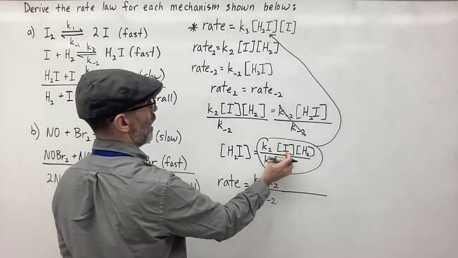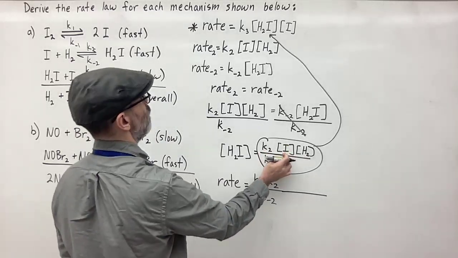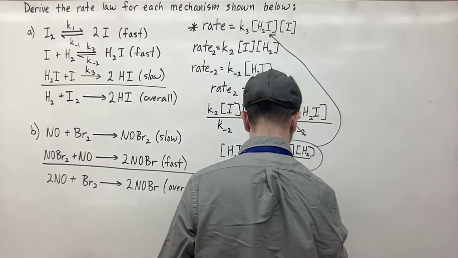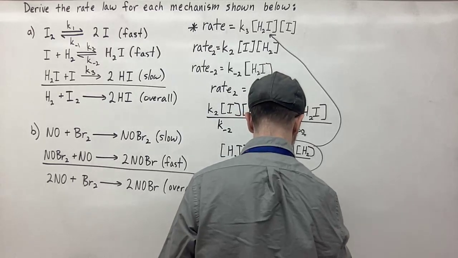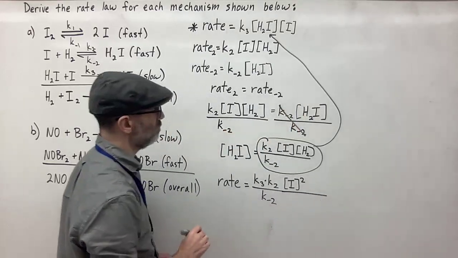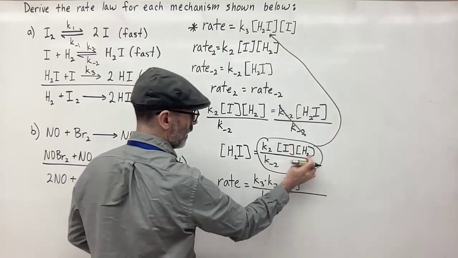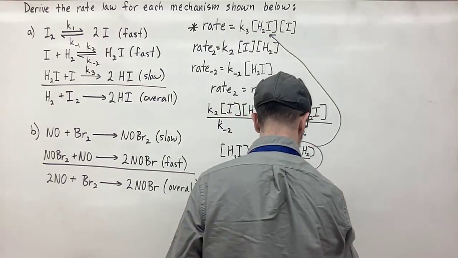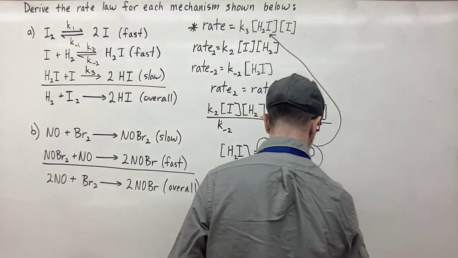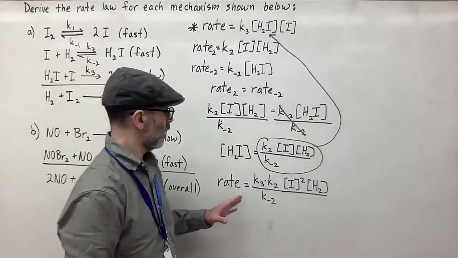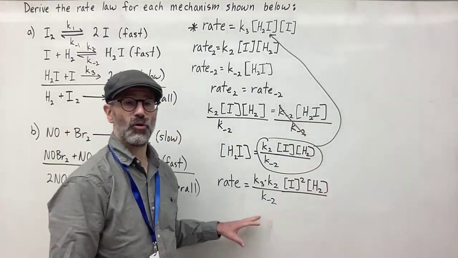And then we have the concentration of I times the concentration of I, so that's going to be the concentration of I squared. And then we've got what's left: I and then H2, so that's going to be the concentration of H2. So now we have this as our rate law.